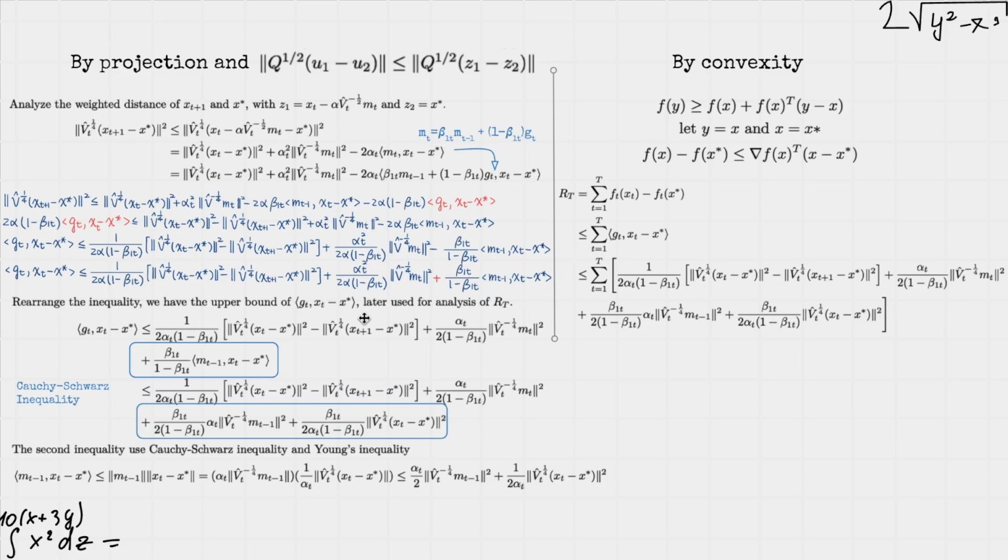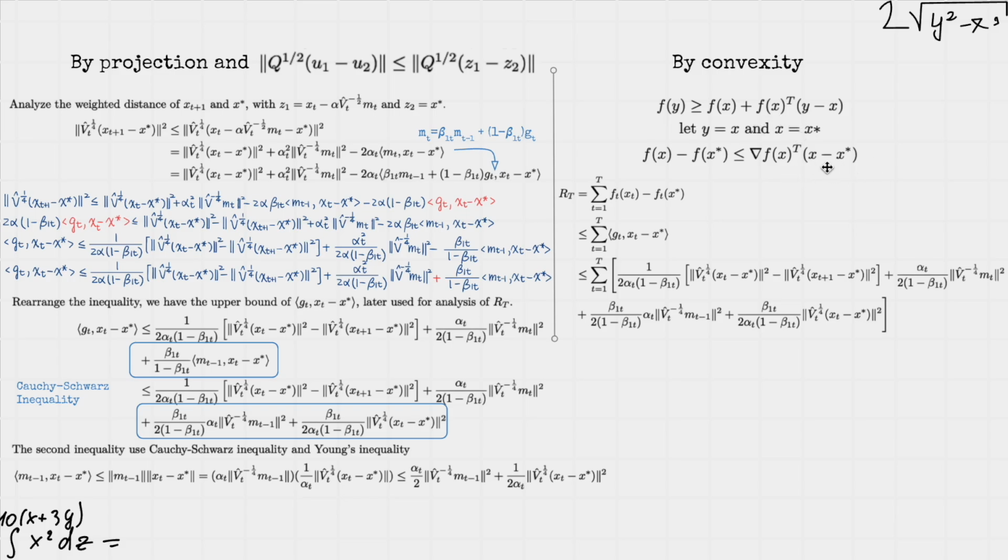We can further expand it by the Cauchy-Schwarz inequality, which is expanding these two terms with their own norm. By the property of convexity, we derive that the suboptimality gap is no more than the dot product of the gradient and the optimality gap.